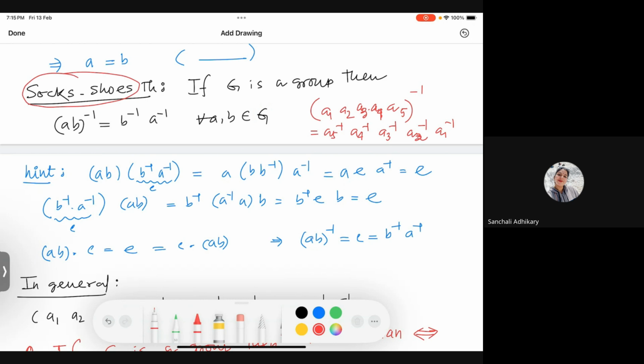When we dress, first we put on socks, then shoes. But how do we remove them? First we remove the shoes, then the socks, right? So that's why it has this name.